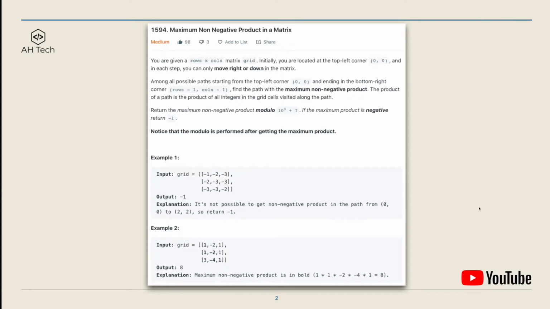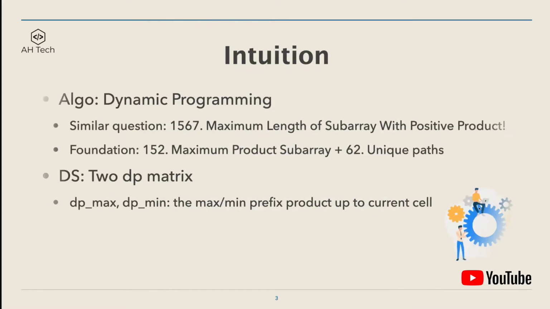If you have been following my videos, you will notice that this question is very similar to a question we have solved before, which is 1567, maximum length of subarray with positive product. And the algorithm we will use is also dynamic programming.